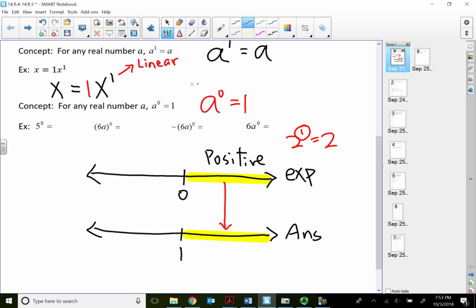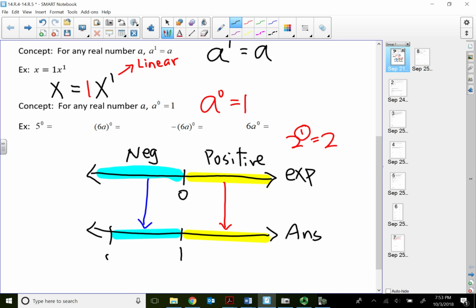To the other side of the 0 exponent, we call this the negative exponent. That's the reason why we use the 0 exponent as a standard, because the 0 exponent gives me 1. So to the left of it, a negative exponent gives me an answer that is smaller than 1 but greater than 0.